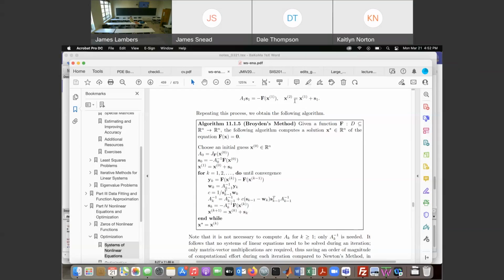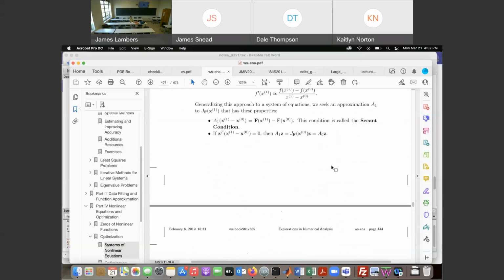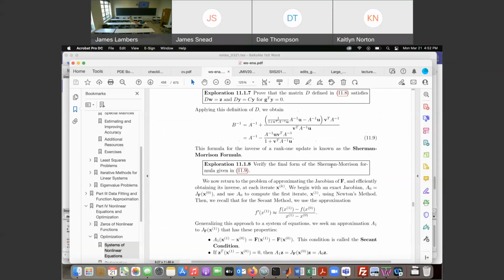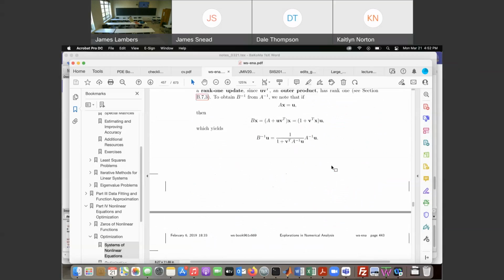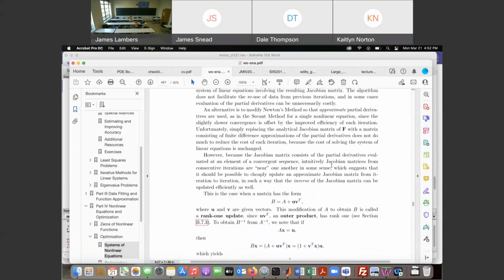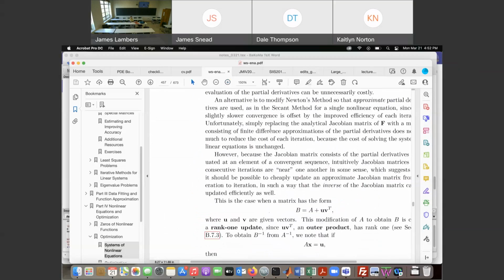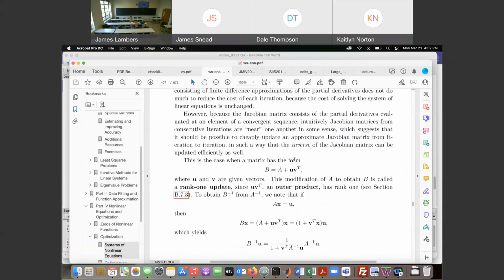Okay. I'll take a little time to show you how we get the Sherman-Morrison formula and why it works. I found it to be a fun exercise, if ugly. Okay, now I have it written out here. So here's our situation.